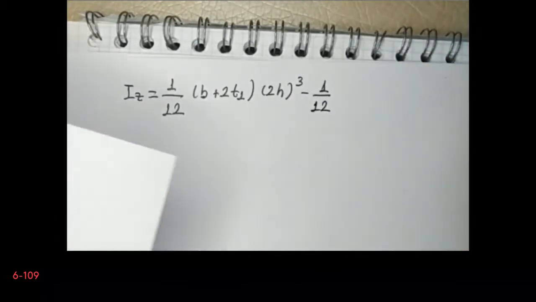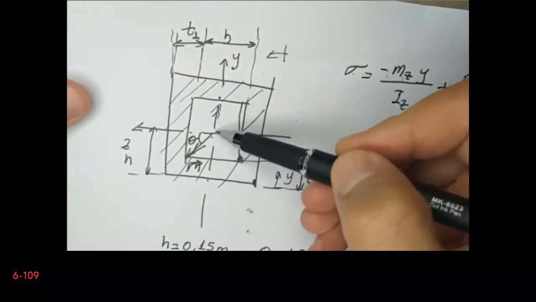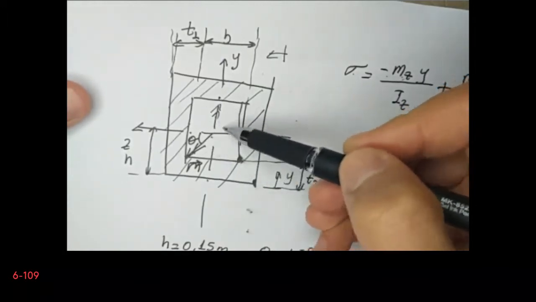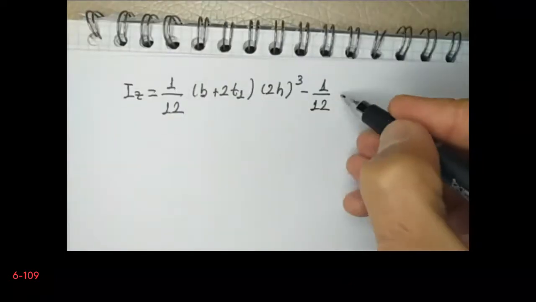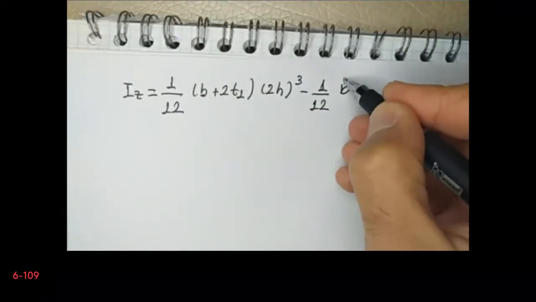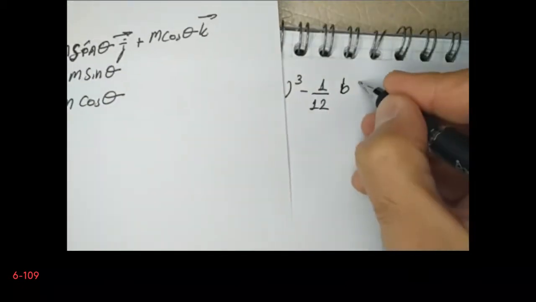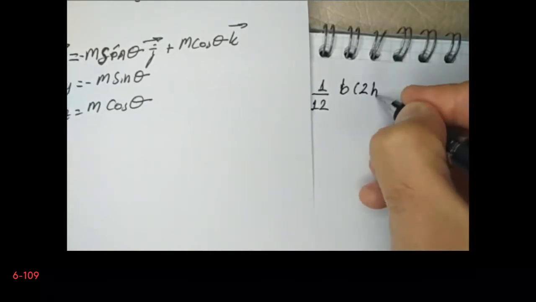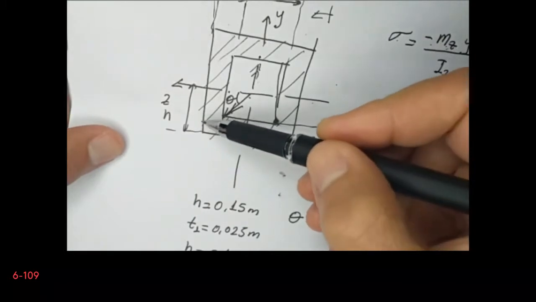Now it is the moment of inertia of this hollow region, and this hollow region has a width of b multiplied by 2h minus 2T2.